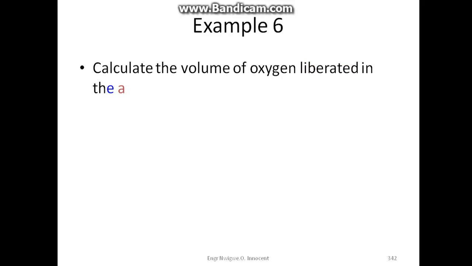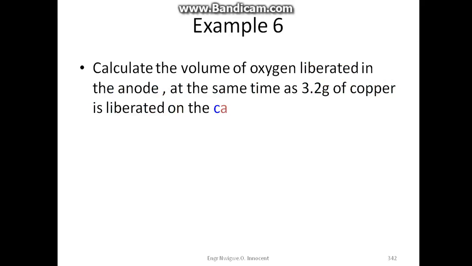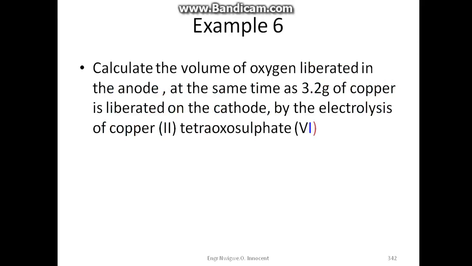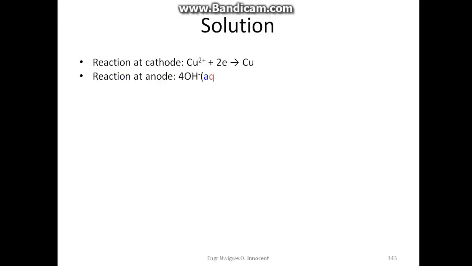Example 6. Calculate the volume of oxygen liberated at the anode at the same time as 3.2 gram of copper is liberated at the cathode by the electrolysis of copper(II) tetraoxosulfate(VI) using platinum electrodes. Solution. Reaction at cathode: copper, having 2 positive valency, will absorb 2 electrons to form copper.